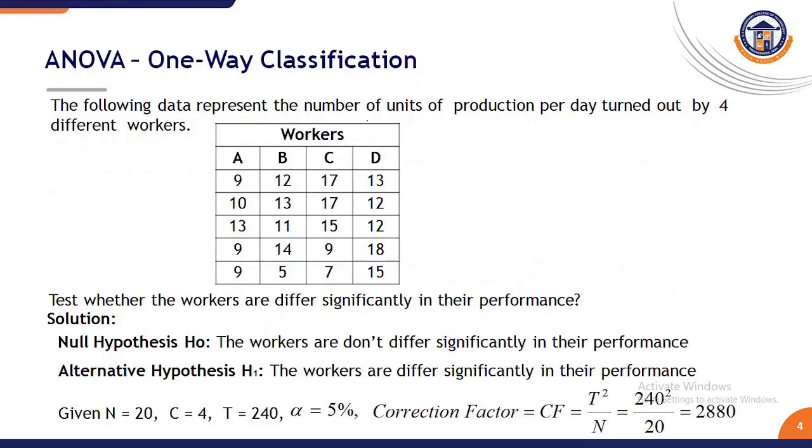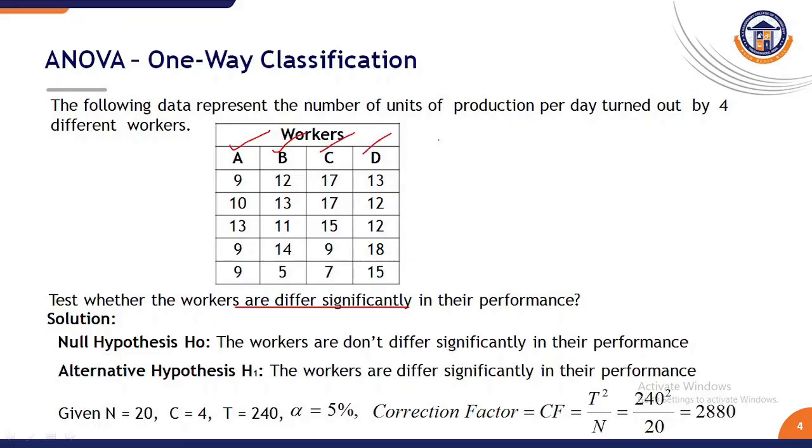The following data represent the number of units of production per day turned out by four different workers. Test whether the workers differ significantly in the performance. There are four workers' outputs given.